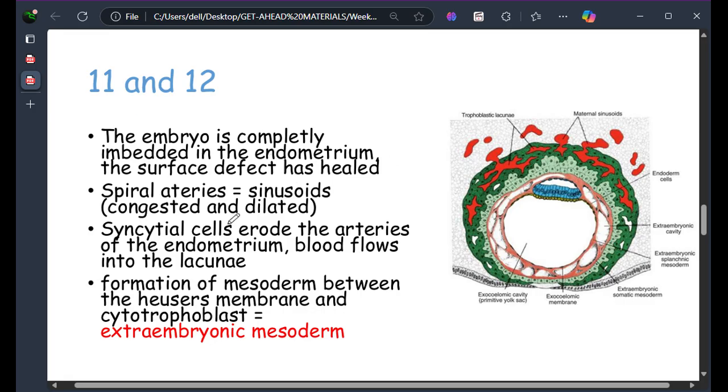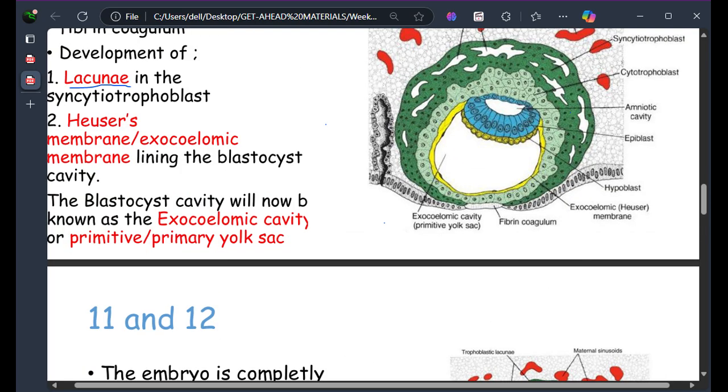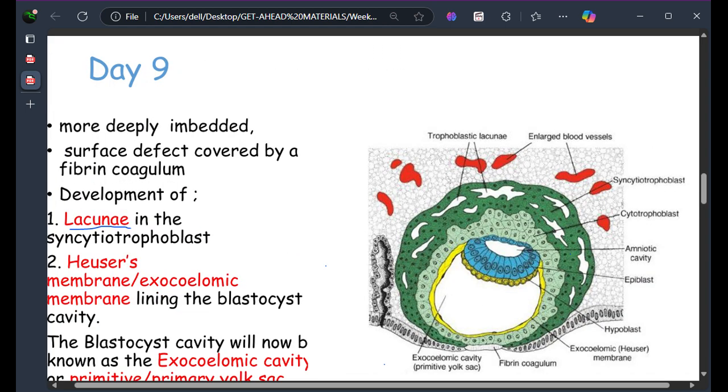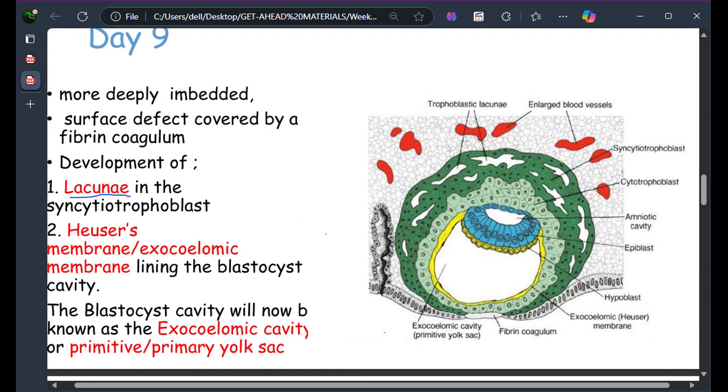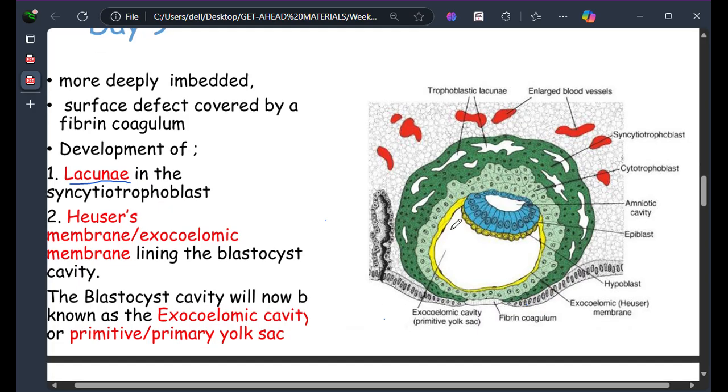At this point, there is what is known as a surface defect. One thing I forgot to mention: on day 9, this thing is almost completely embedded, just that there is a fibrin coagulum where it started to embed itself into the endometrium. When it started to invade the maternal endometrium, it started to cover itself with the fibrin coagulum.